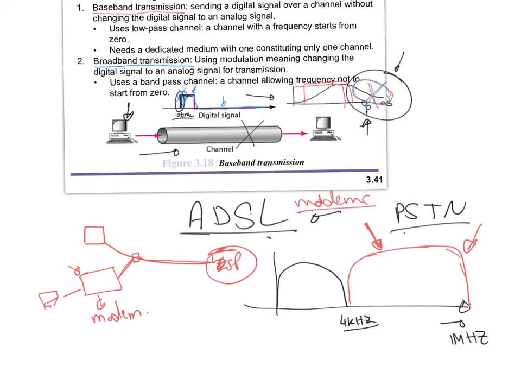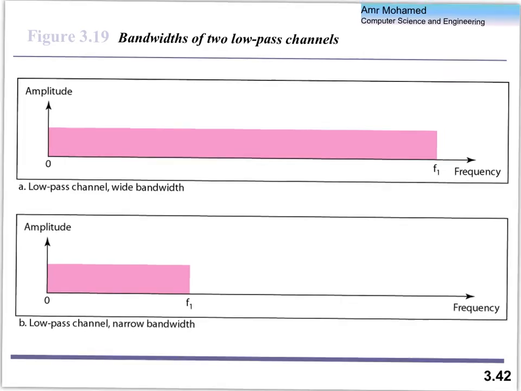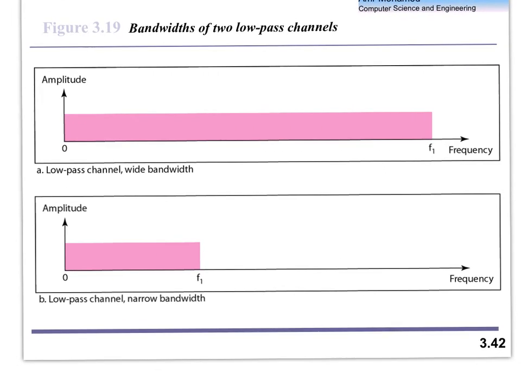As we said here, the frequency components above F1 will have to be cut off for all types of radio communication. Any transmission medium, as I said before, has either a low pass filter effect or a band pass filter effect. If it supports the zero component, then it's low pass.